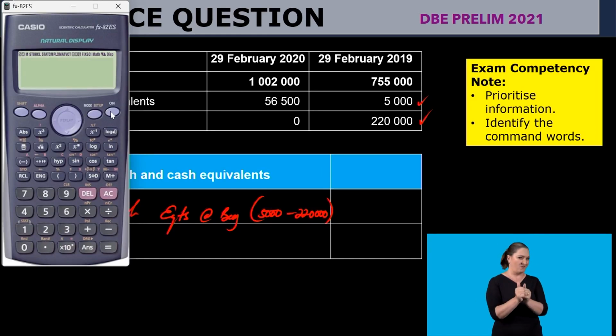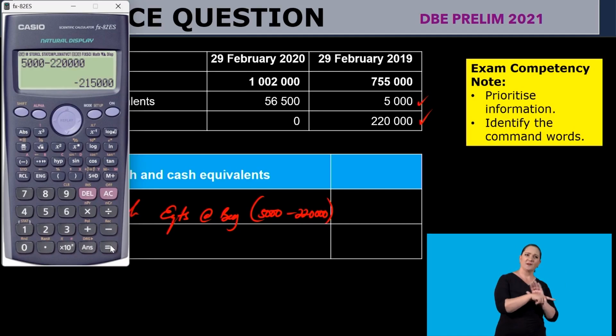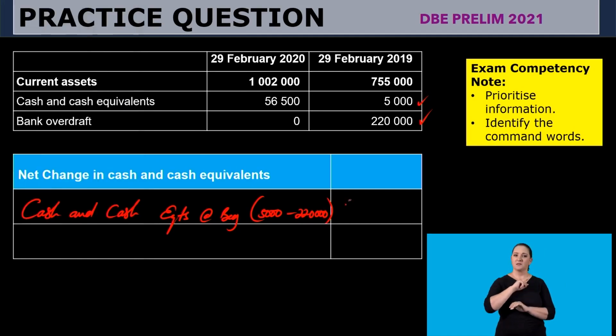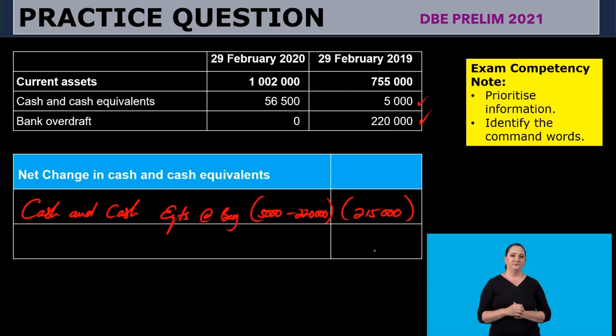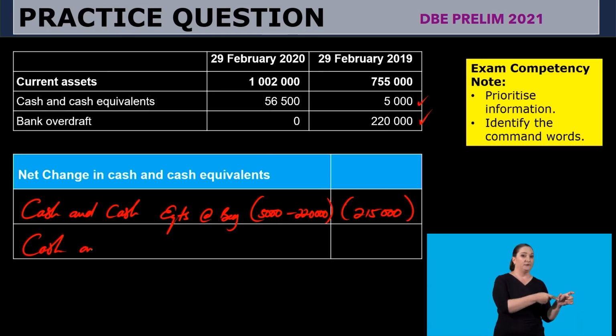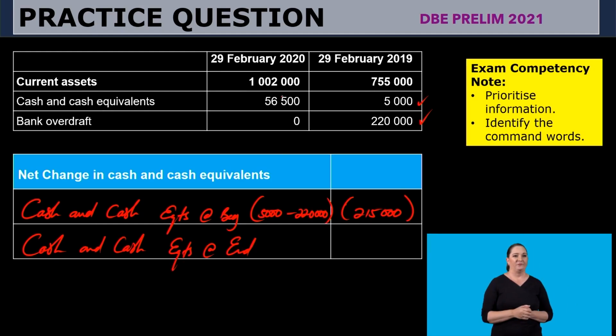Because if I say 5,000, then I say minus 220,000. On my calculator, I'll get a negative 215,000. Very key. So I'll come here, then I'll say minus 215,000 in brackets. Then I'll come now to the next year where I have my cash and cash equivalents at the end. And that is 56,500. So I'll come here, I have my 56,500.